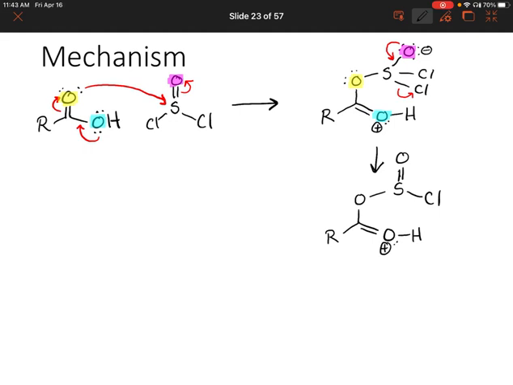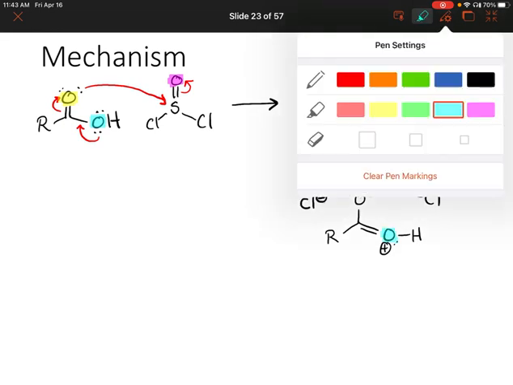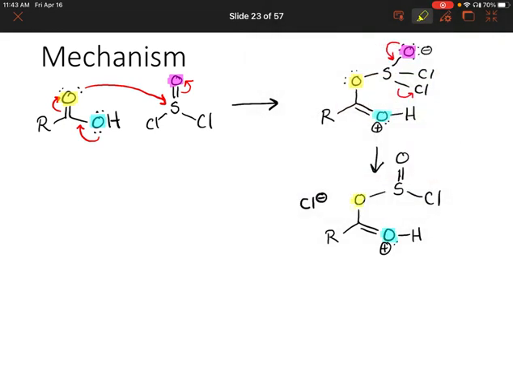Okay, now we also have that leaving group, that chloride ion that's hanging around. Although here, let me just highlight our oxygens really quickly. So that chloride ion can act as a nucleophile and attack our carbonyl carbon.